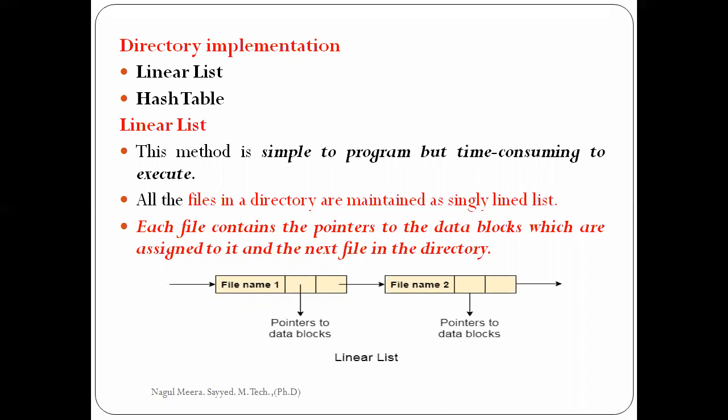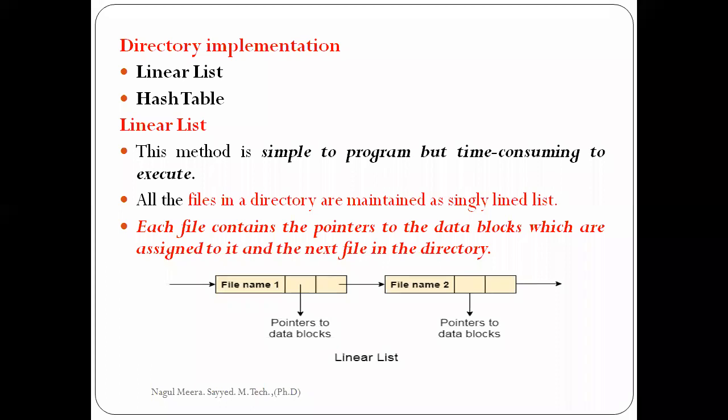What is the need of this pointer? This pointer is used to link the second file. And the second file again consists of two parts. First one is file name, that is file 2, and next one is pointer to next node. So the second file's pointer links to the third one. In this way, all files are organized.